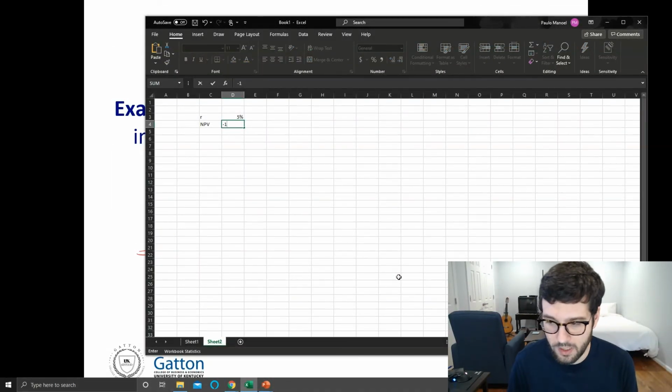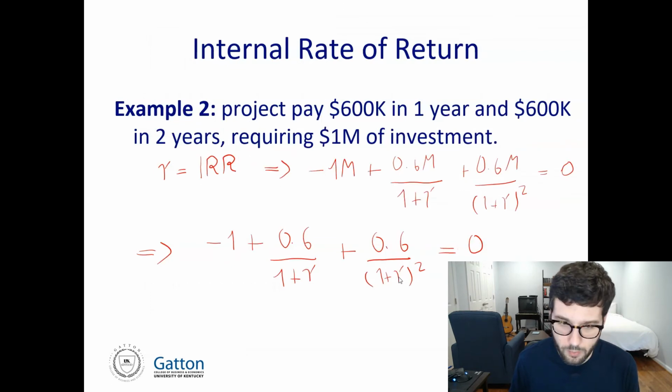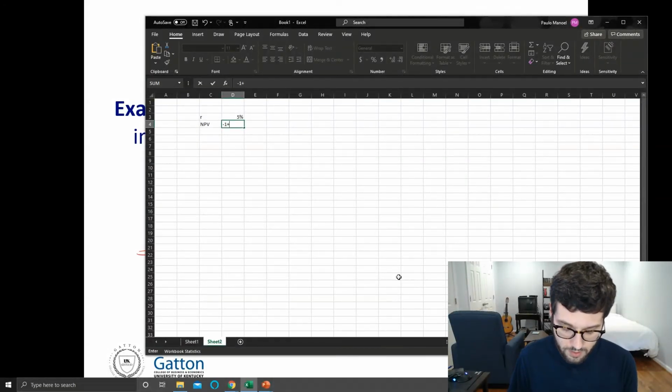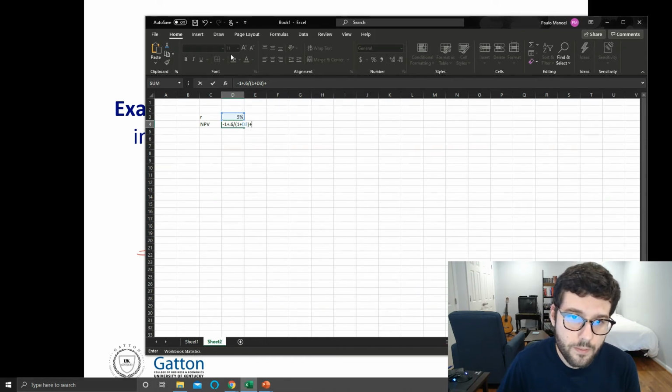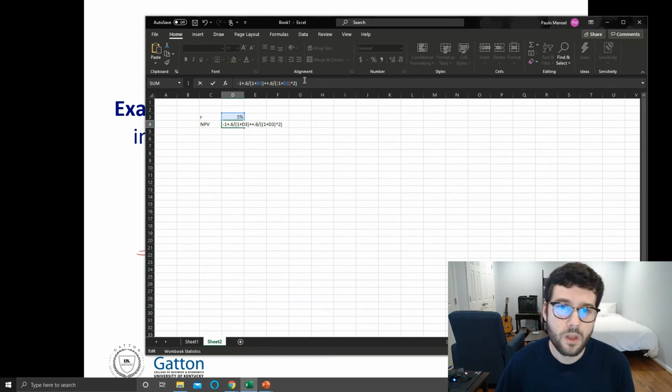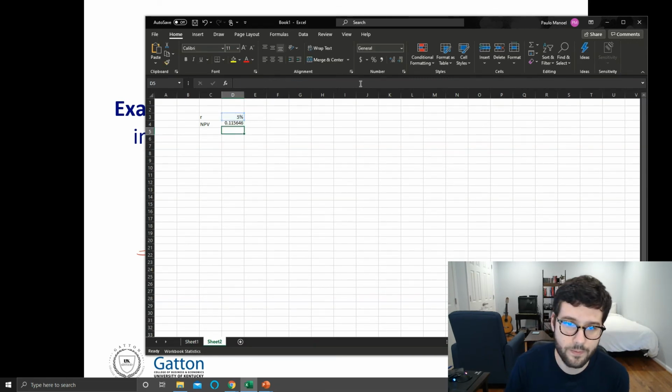I'm not going to put the millions, they are not important. Plus 0.6 divided by 1 plus R plus again 0.6, but now divided by 1 plus R squared. Okay, so this is going to be the formula that we need, and I just enter.